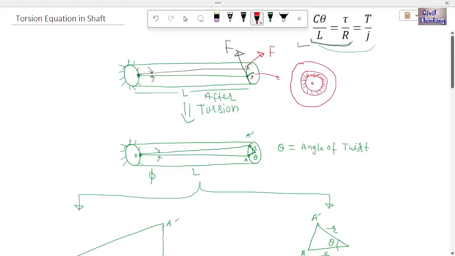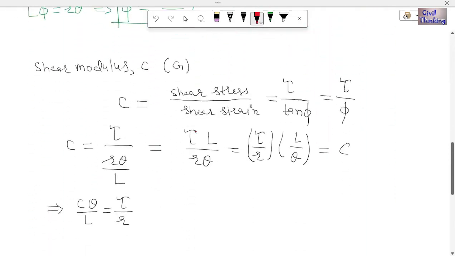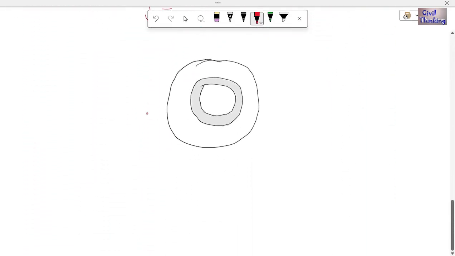Now the total radius is capital R. Let me show you here. The total radius is R, but this strip is not at the circumference, it is in between.